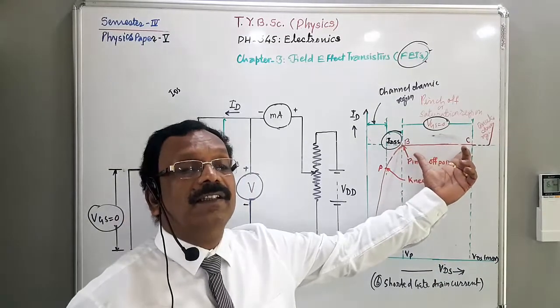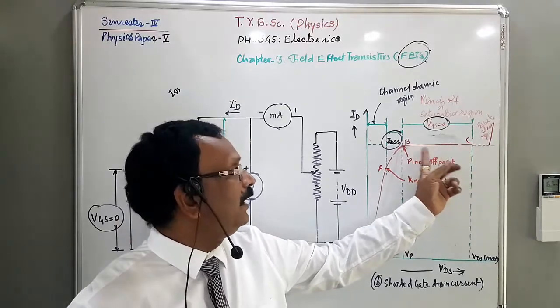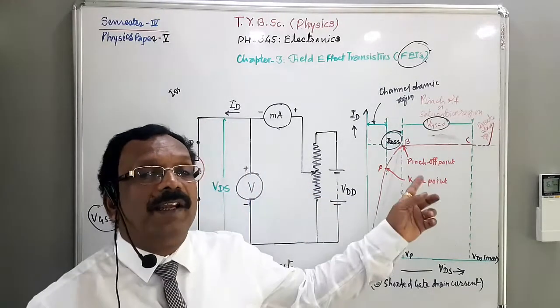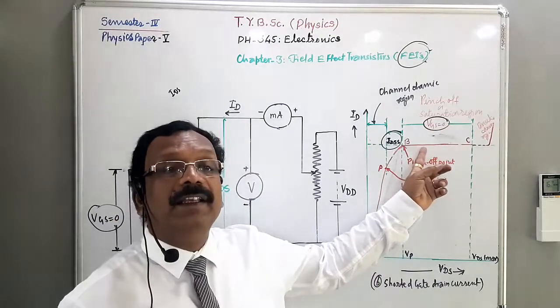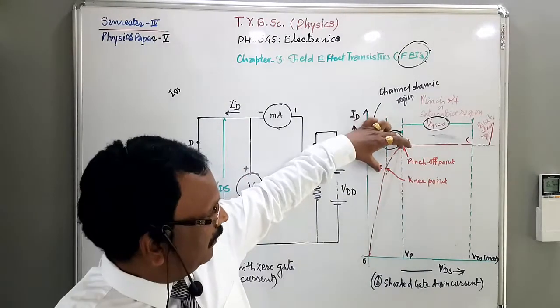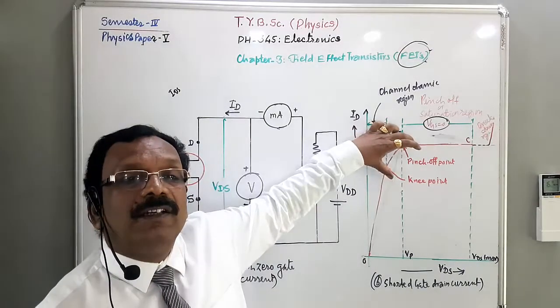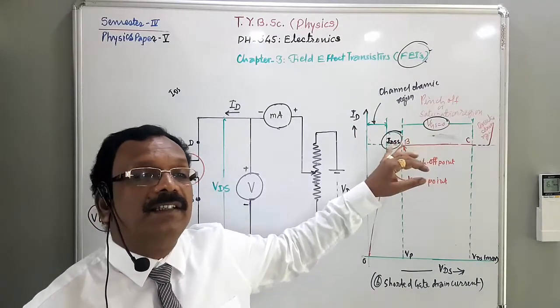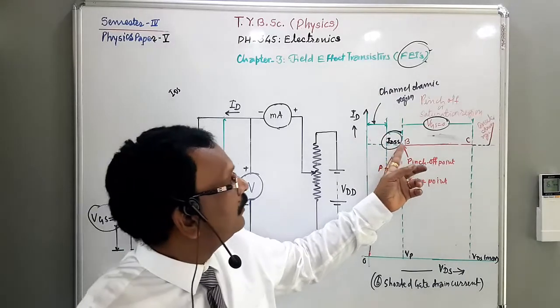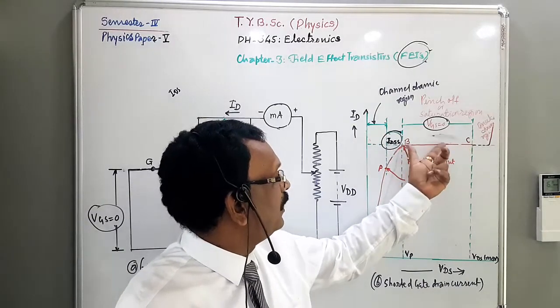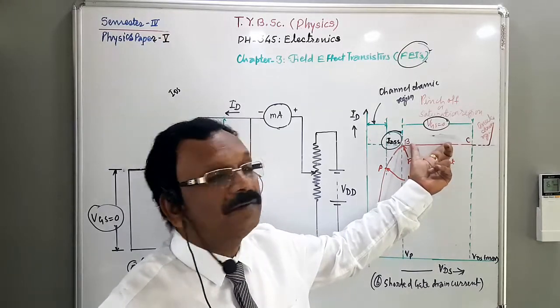This is the region of the FET characteristics where ID is fairly constant, and it is referred to as the pinch off region. This is the pinch off point and this is the pinch off region.